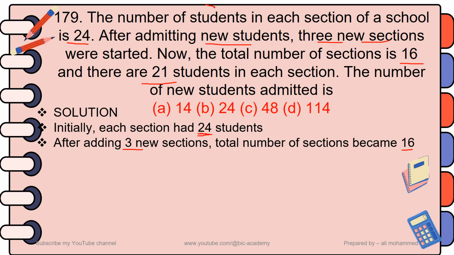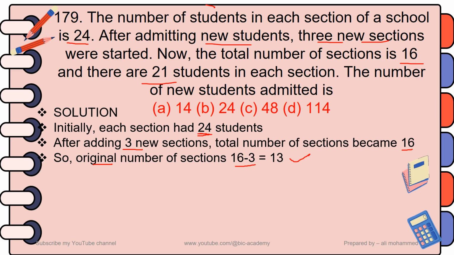From this you can get additional information, the initial number of sections. Since new sections were added and the total number of sections becomes 16, the original number of sections is 16 minus 3, which is equal to 13. So this is the initial number of sections.